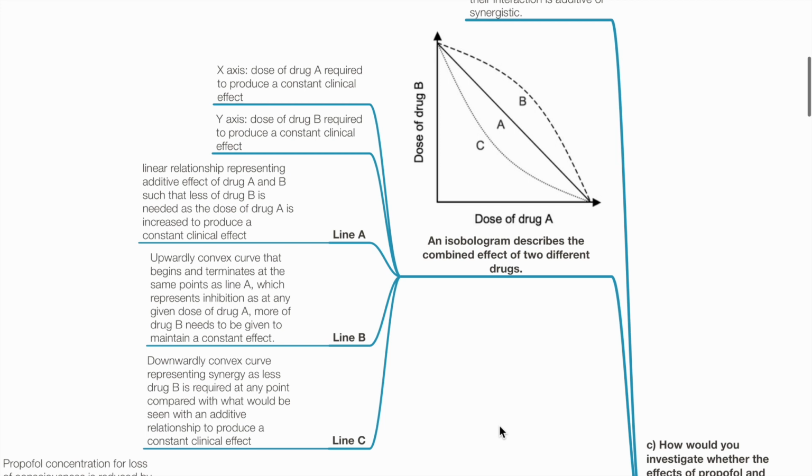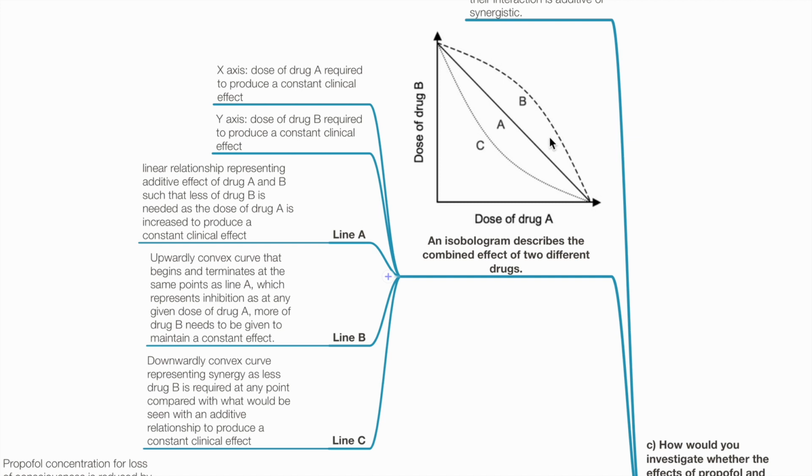An isobologram describes the combined effect of two different drugs, with the x-axis being the dose of drug A required to produce a constant clinical effect, and the y-axis the dose of drug B required to produce a constant clinical effect. Line A represents the linear relationship of additive effect between drug A and B, such that less of drug B is needed as the dose of drug A is increased to produce a constant clinical effect.